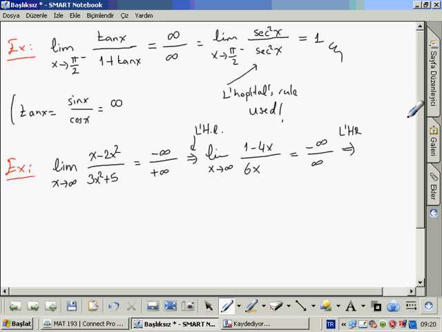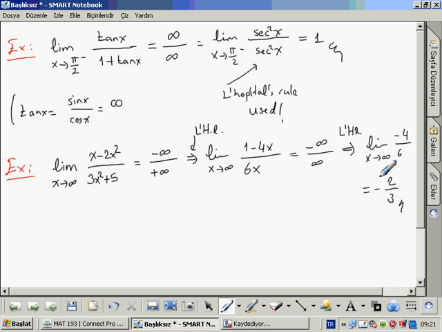You can apply this rule again and again. After that, limit x goes to infinity, minus 4 over 6, so it's equal to minus 2 over 3, which is the result.